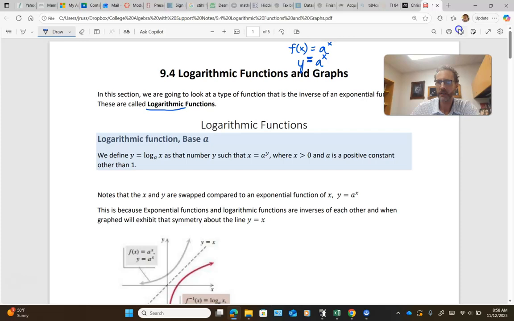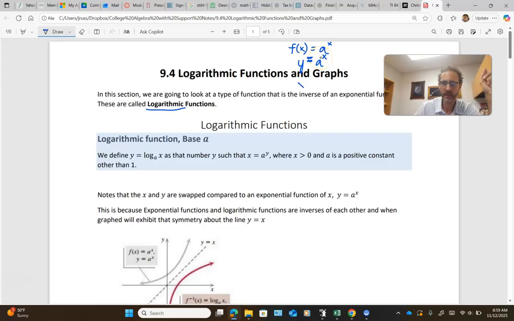Now we've talked about inverse functions. If you remember that four-step process of obtaining the inverse, the first step was to replace f of x with y, and then the second step, what really created the inverse relationship between x and y, was swapping the x's and y's.